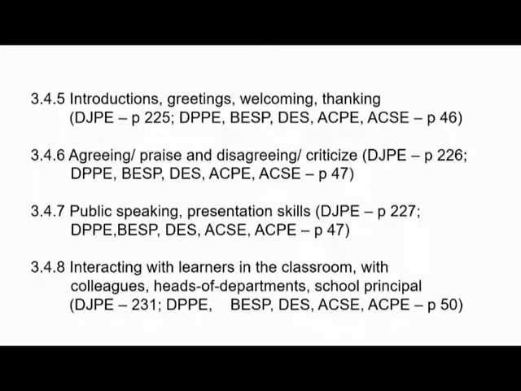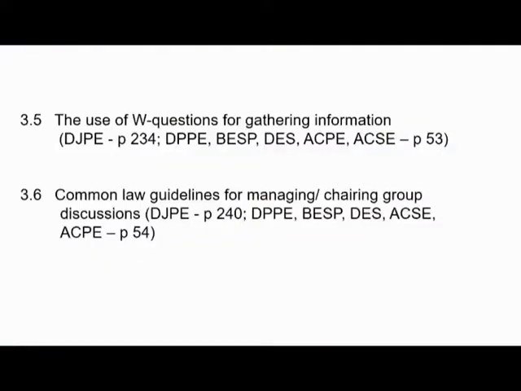3.4.8, interacting with learners in the classroom, with colleagues, with heads of department, with the school principal, with parents. The DJPE students on page 231 and the other students on page 50 in their study guide. Very important. The use of the W questions in gathering information.